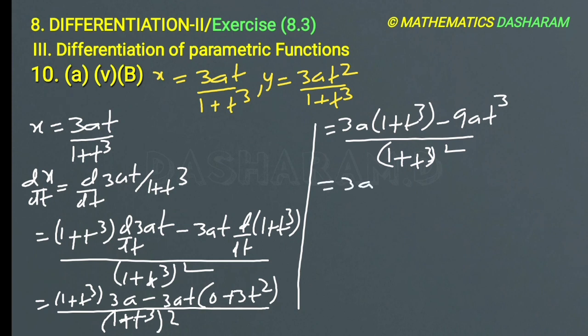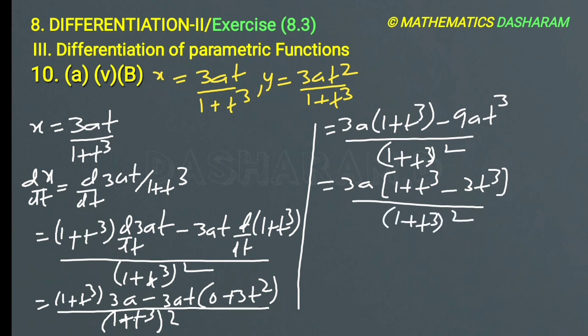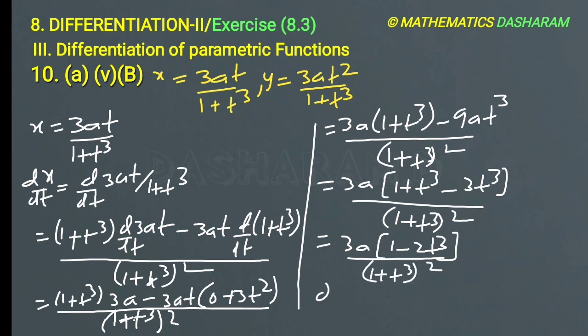Now we can take 3a common, (1 + t³ − 3t³) whole divided by (1 + t³)². It equals 3a(1 − 2t³) divided by (1 + t³)². So then finally dx/dt equals 3a(1 − 2t³) divided by (1 + t³)².